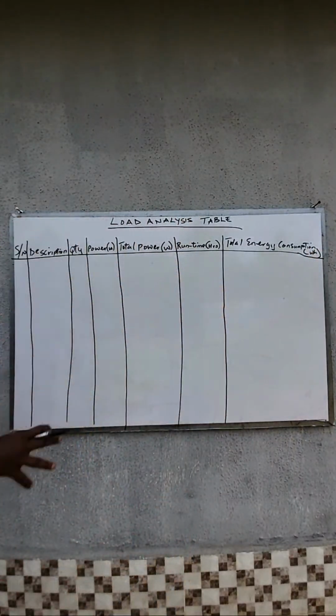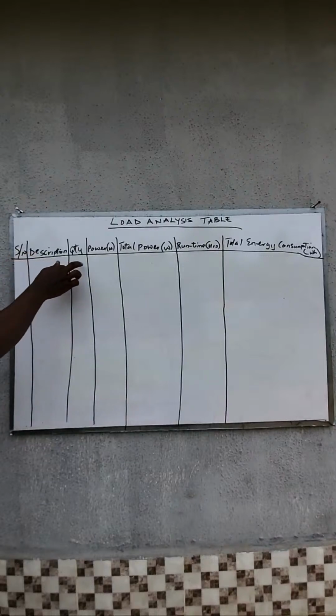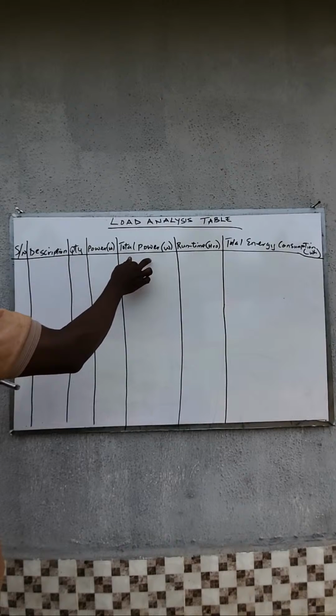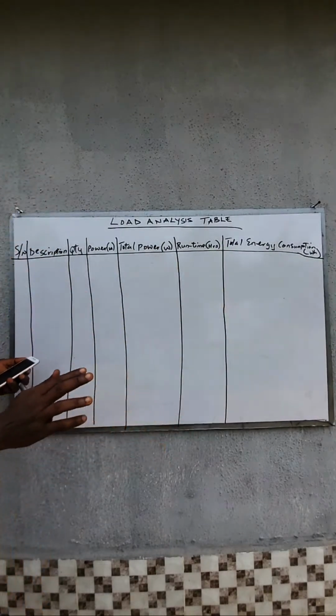So this is the load analysis table, and these are the things you are going to write there. The first column, serial number. Second, description. Third, quantity, then power, total power in watts, the runtime in hours, and the total energy consumption in watt-hours. Now we take the first one.